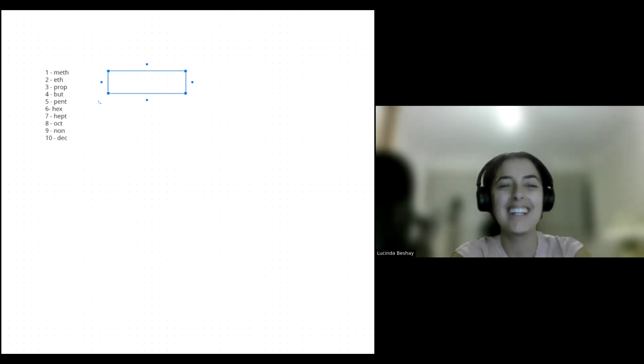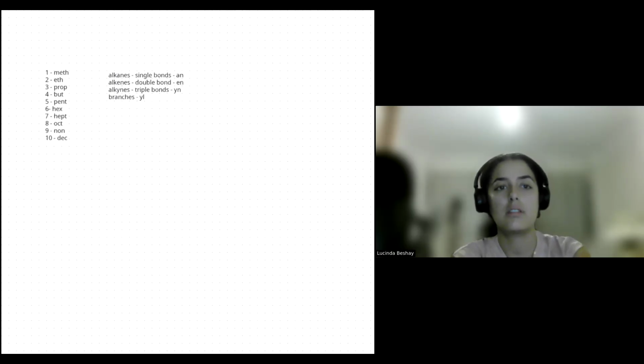And alkynes, which are triple bonds, is yne. Okay. And I forgot the K right there. Alrighty. And the last thing is branches, and those end in yl. So those are the basics for the alkanes.